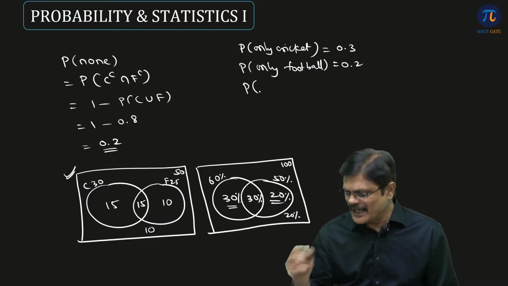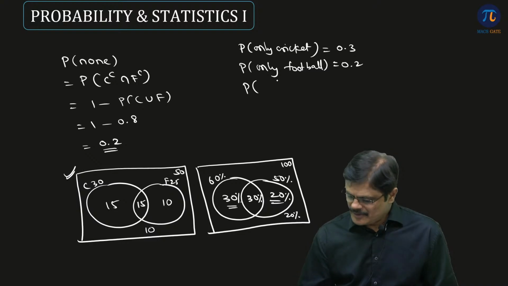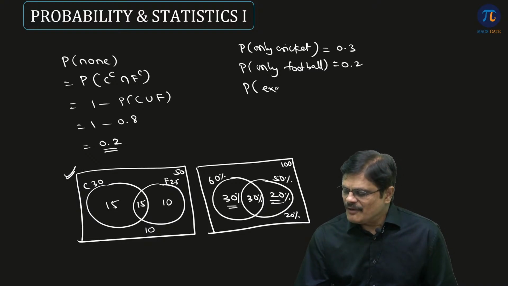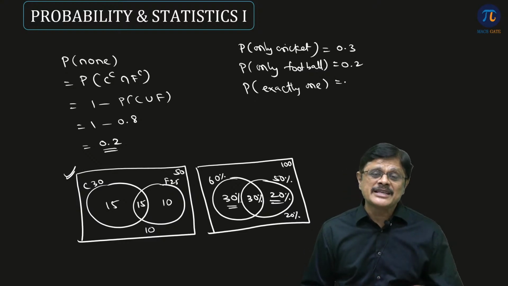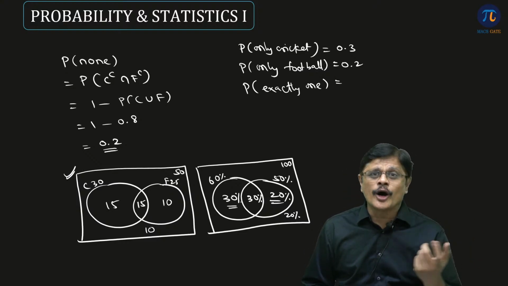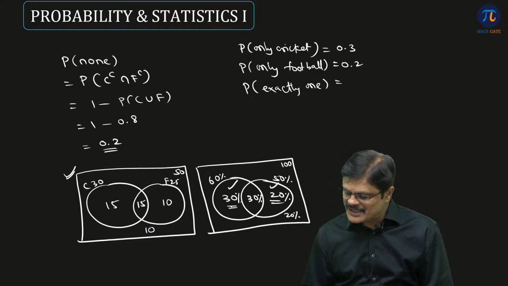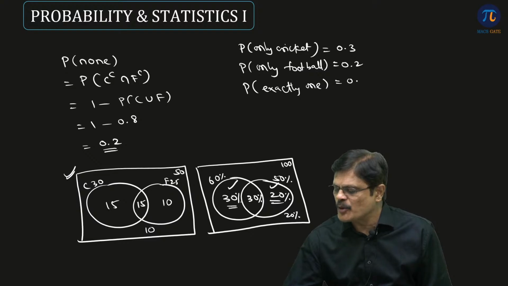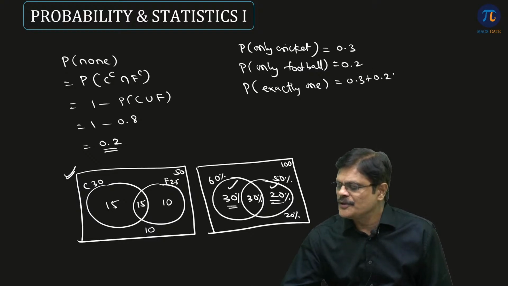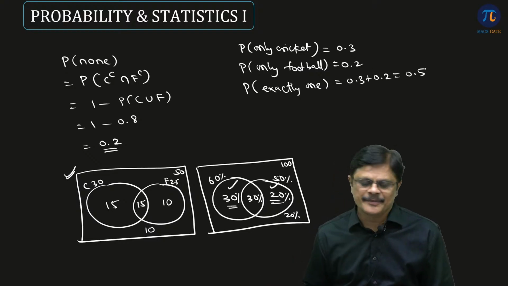How many play exactly one game? See, exactly one game means they may be playing only cricket or they may be playing only football. That is what you mean by exactly one. This 30% plus 20%, that is 0.3 plus 0.2, which is nothing but 0.5.